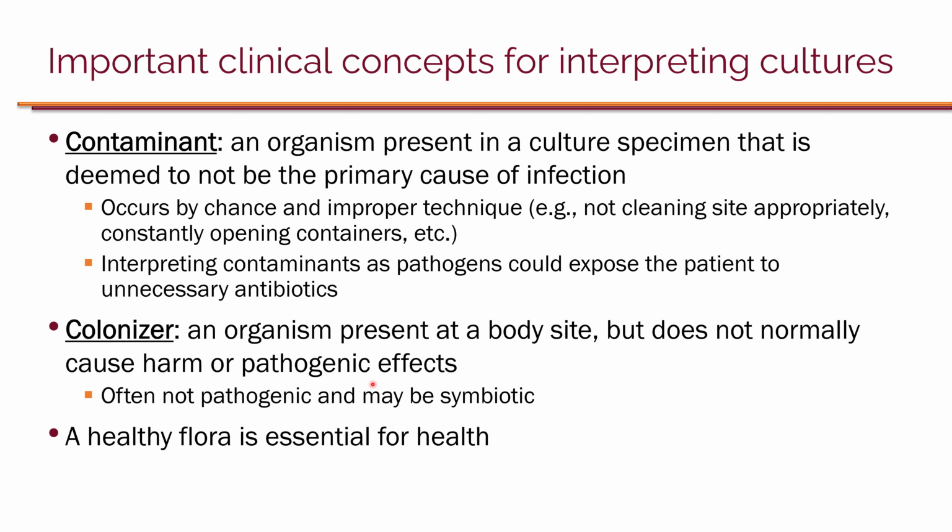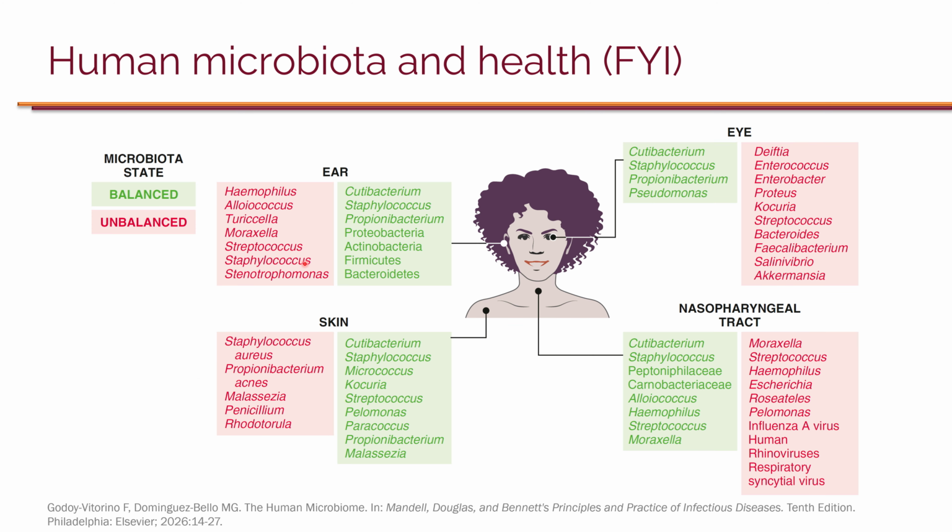So just because you found this organism, it could have been an innocent bystander, which we call a colonizer. And lastly, it is important to keep in mind that a healthy microbiome is essential for health, which has led people to research the human microbiome significantly in the past few years.